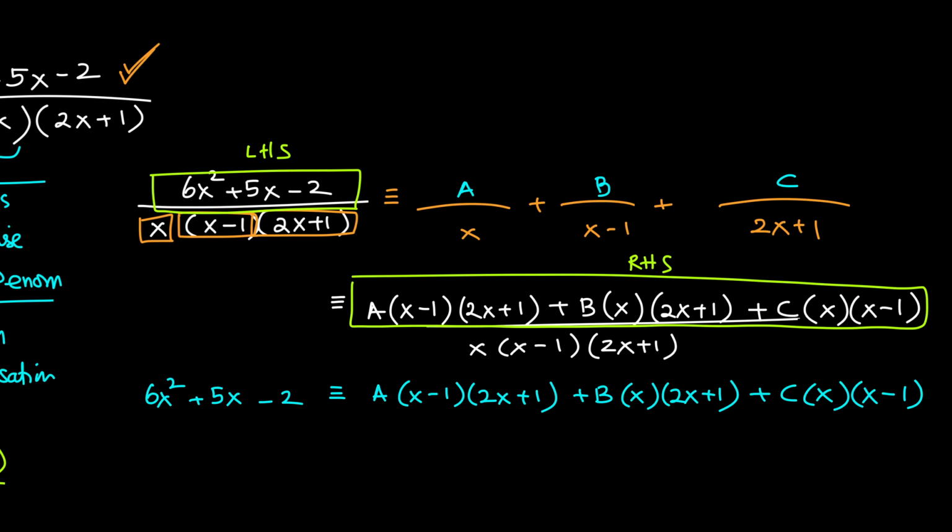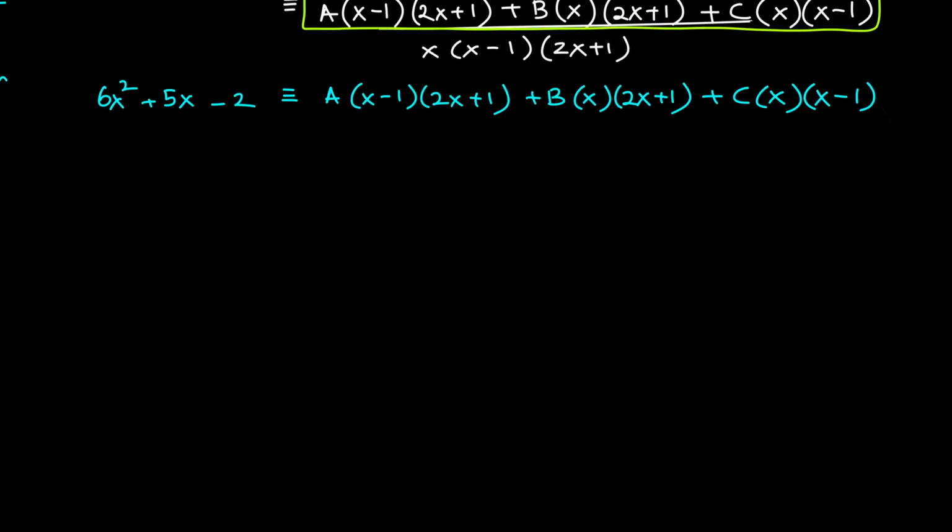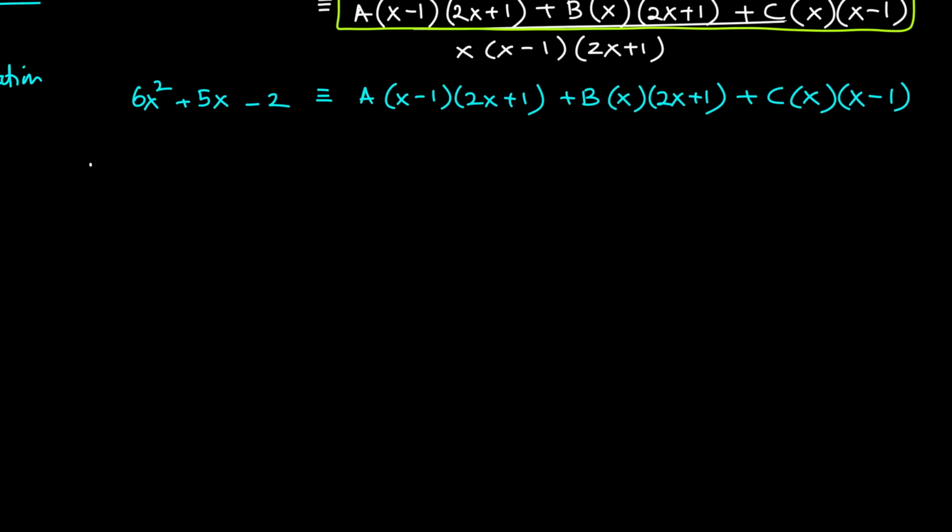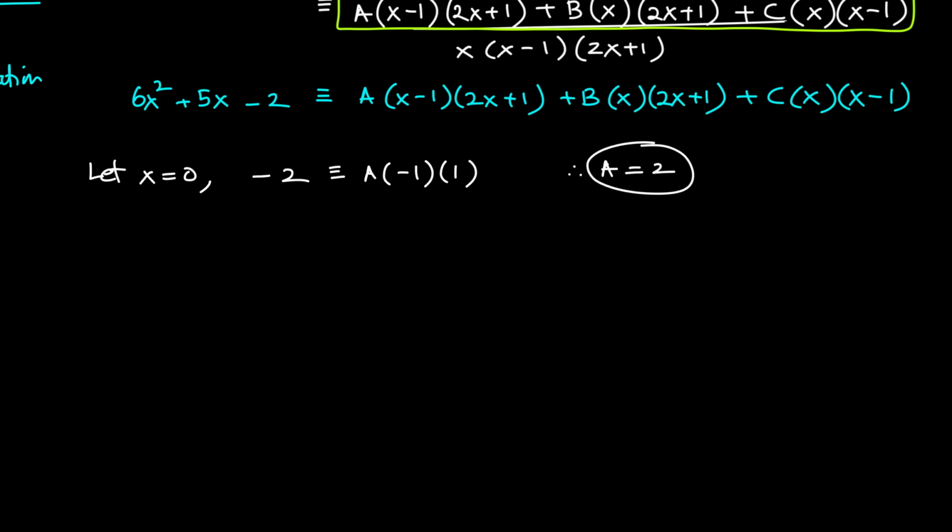One at a time. That is our approach in which we will apply the concept of substitution to solve for these unknown constants. Let's start off by saying let x equals 0. When x equals 0, negative 2 equals a multiplied with negative 1 and positive 1. So therefore a comes out to be 2. That is the first unknown constant that is obtained.